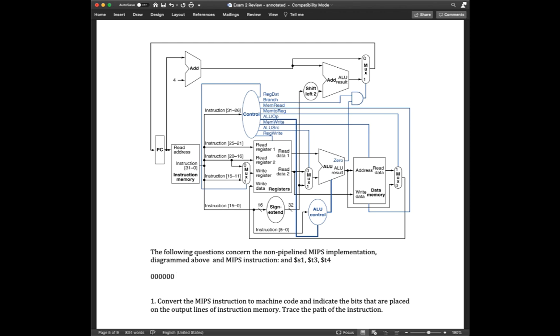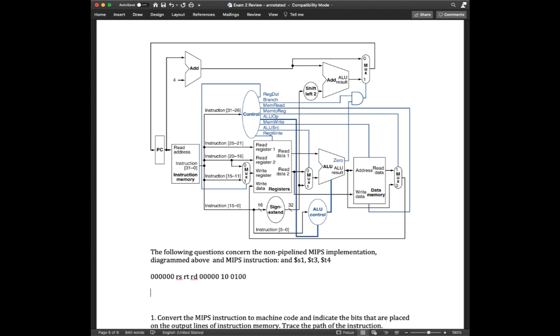I need 6 zeros for the opcode. The format, which is on the sheet, tells me that it's going to be RS, RT, and then RD. And then shift amount is going to be 5 zeros. And then I'm going to have 6 bits for the function code, which was 2, 4. And so here's the 2, and then here's the 4.